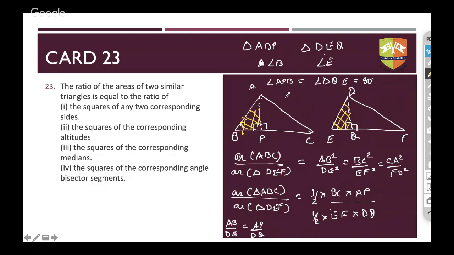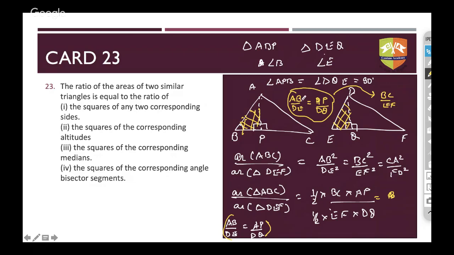If these two triangles are similar, then what can I say? I can say AB by DE is equal to AP by DQ, and since these two triangles were similar, this could also be equal to BC upon EF.